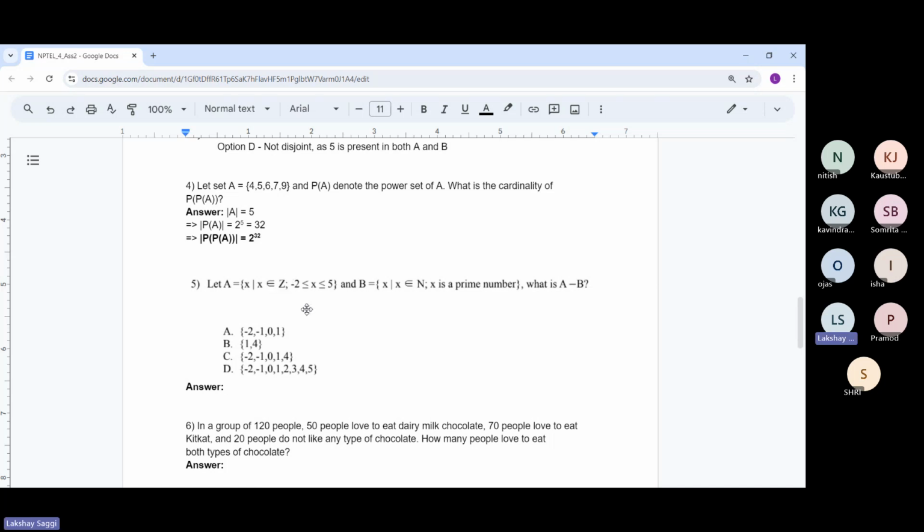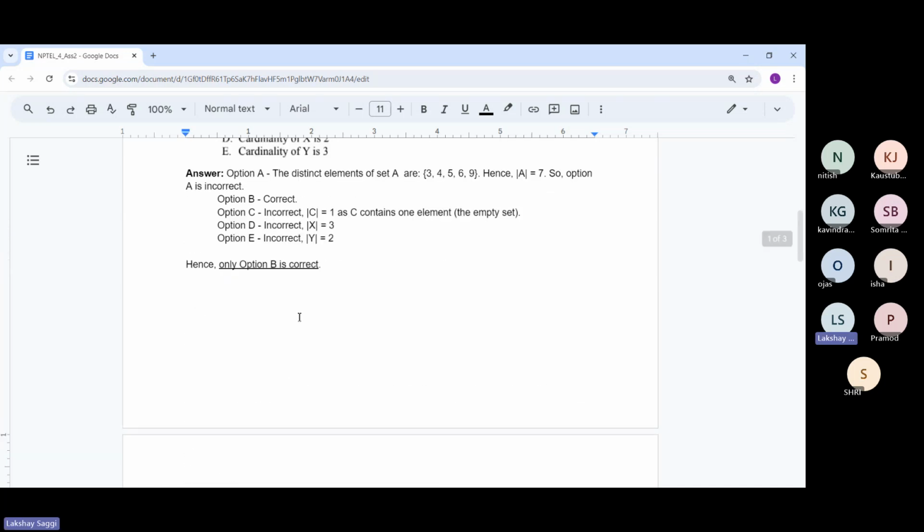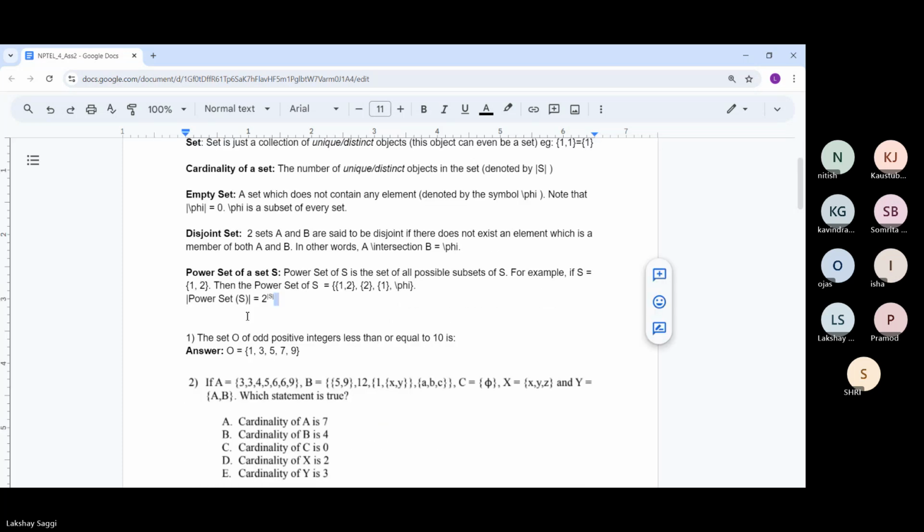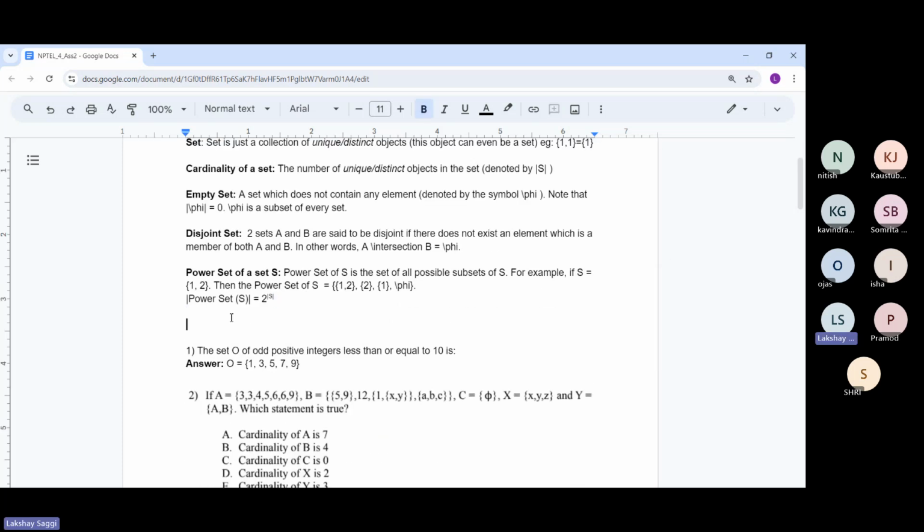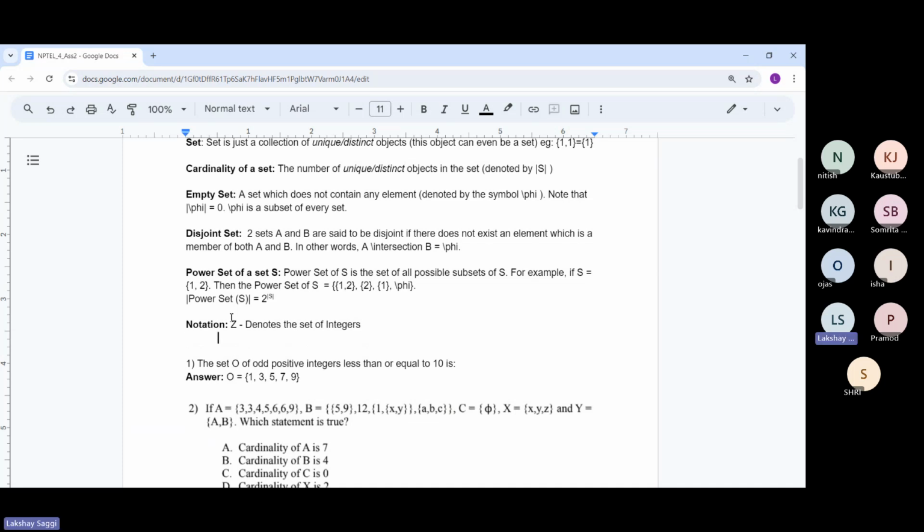Note that Z denotes the set of integers. This is a very common notation. And similarly, there are a bunch of other notations also, like N denotes the set of natural numbers.